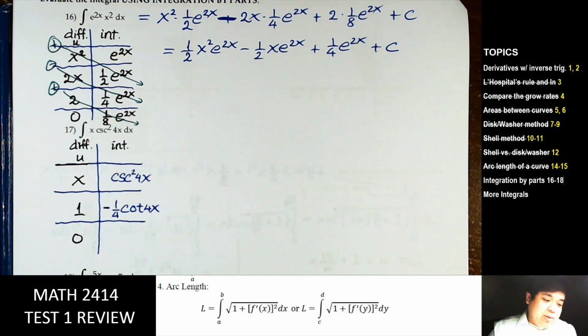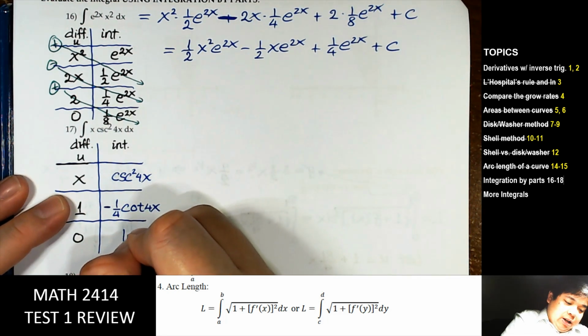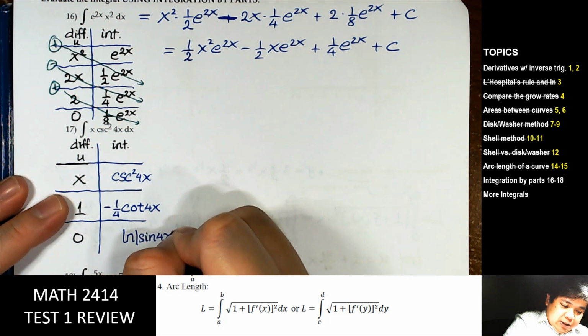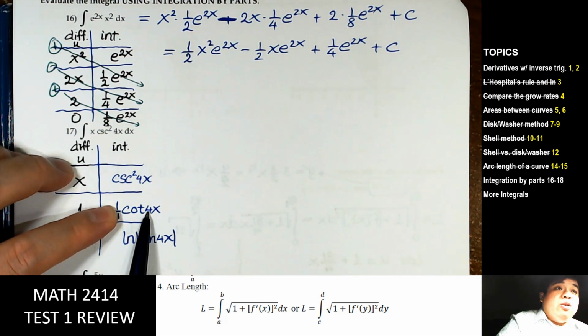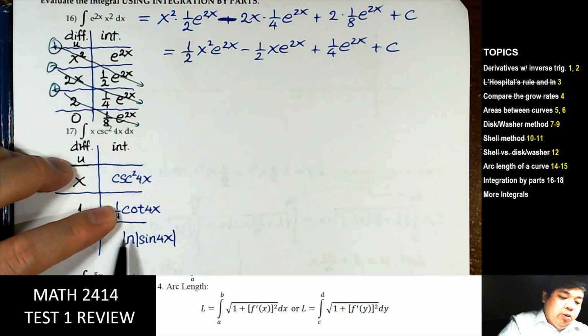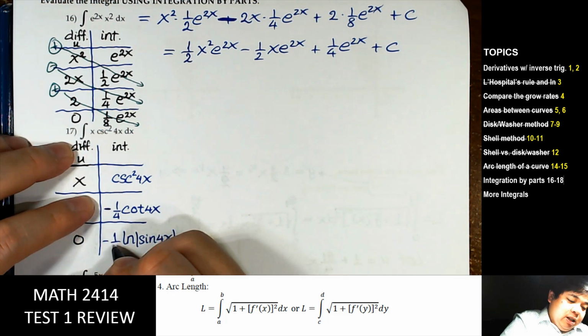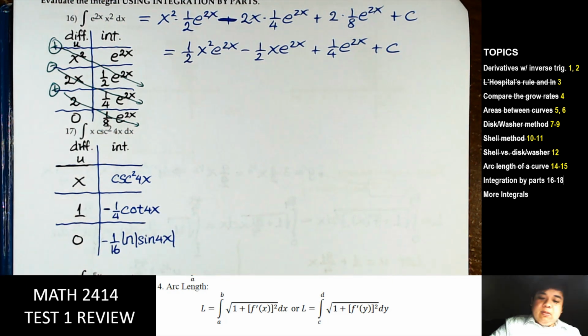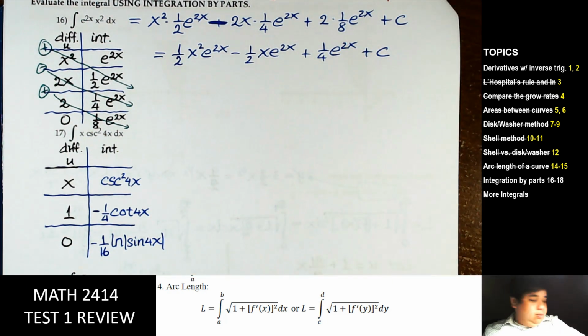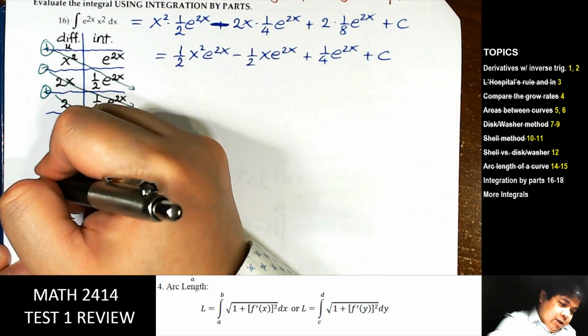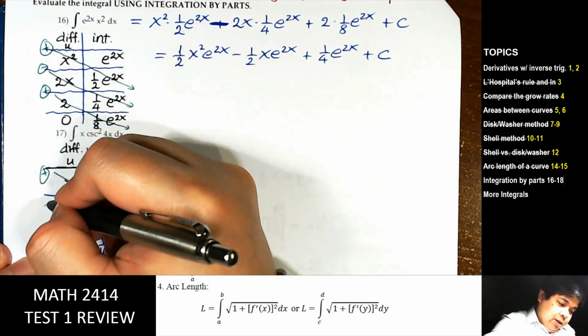So ln of sine of 4x. But there's a 4 again, so we have to divide by 4. 1/4 times 1/4 is 1 over 16. Diagonals plus, minus.